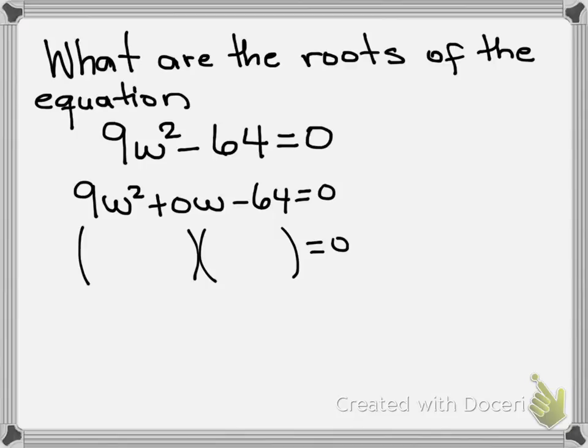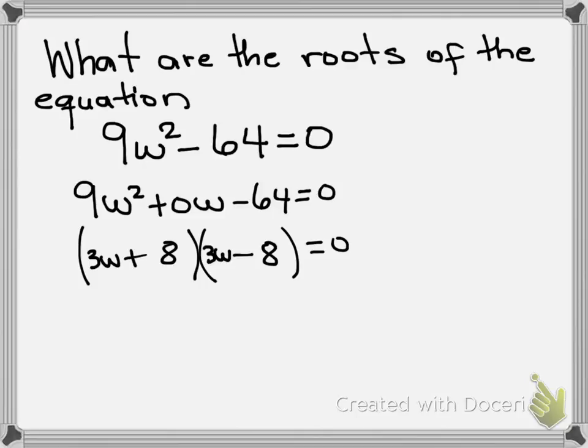And ladies and gentlemen, since we know this is a difference of squares, it's going to be plus and minus. Giving our signs as plus and minus. And ladies and gentlemen, the leading coefficient is 9. Two numbers that multiply to give you 9 are 3w and 3w. 3w times 3w gives you 9w squared. And two numbers that multiply to give you 8 and add up to be 0 are positive 8 and negative 8.